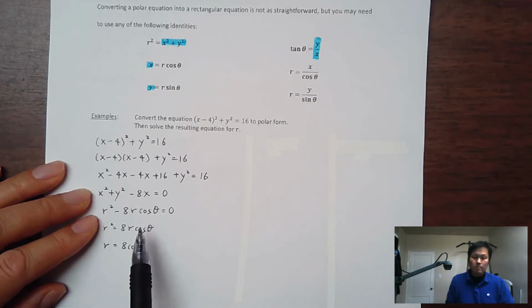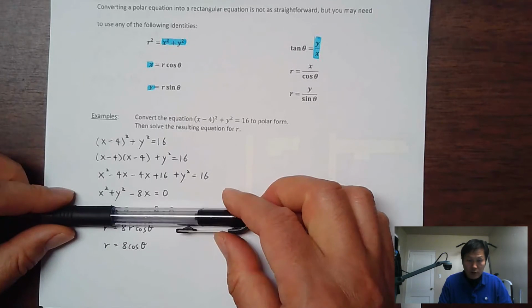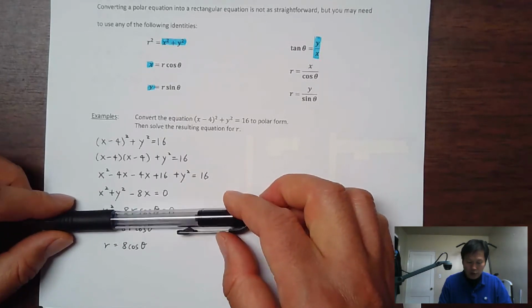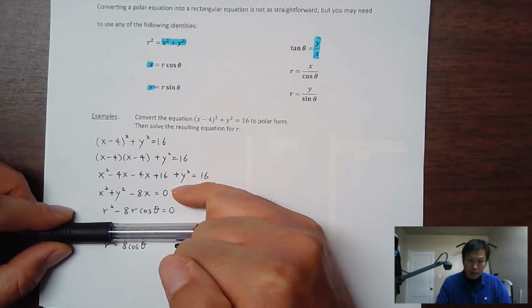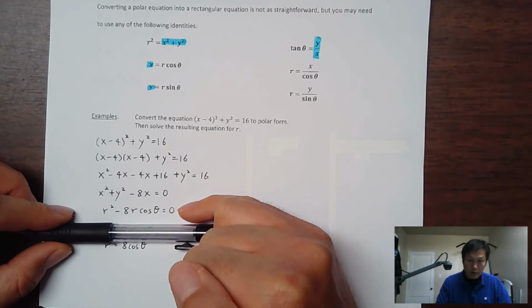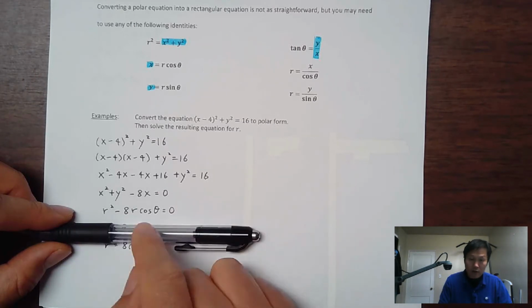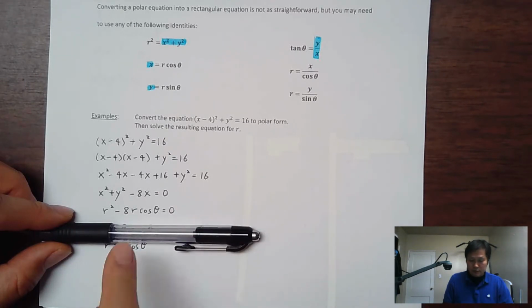It's very important you recognize the change from here to here: before, it was x and y, and now all the x and y disappeared. Instead we have r and theta. So this is a polar equation.